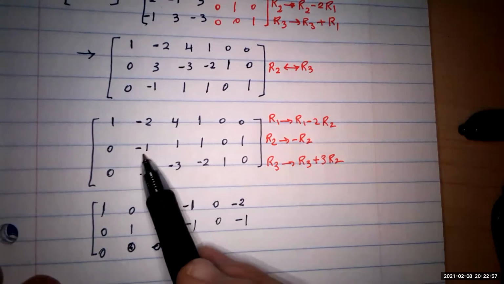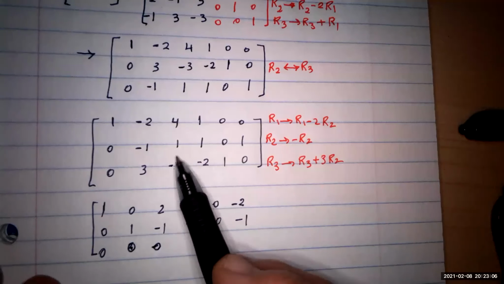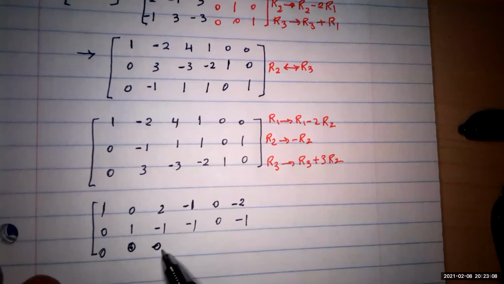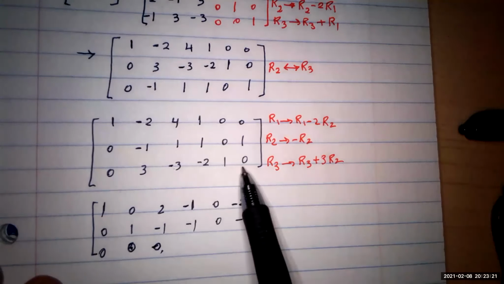So that gives you 3R2, which is going to be a 0 here. Okay, then this is negative 3. That makes it into the 0 here. Okay, and let's see if we missed anything. So what we did, this is a negative 3, negative 2, 1, 0 that we have.